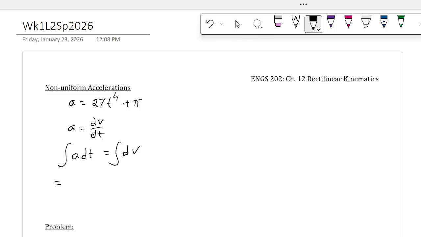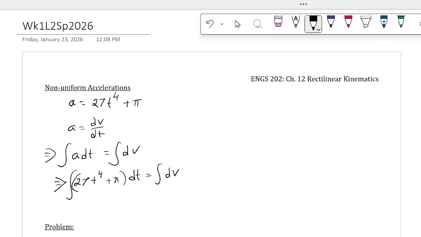So what you're going to do next is plug in the value of A, the acceleration, which is 27 t to the power 4 plus pi. And now it comes to the knowledge of integration. You have to use the upper and lower limits for the integration on both sides, right?